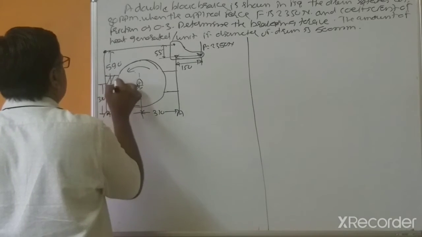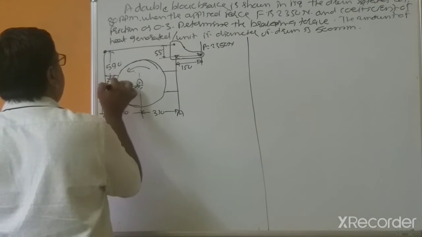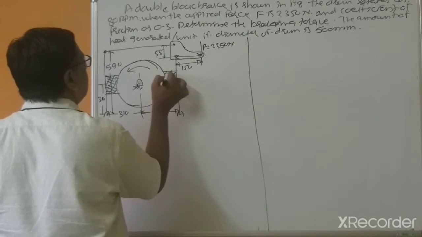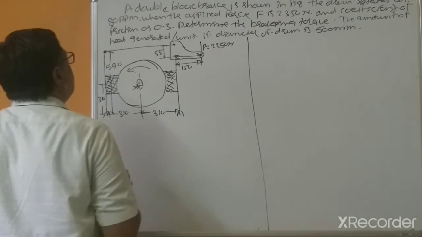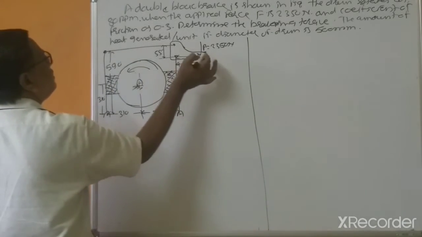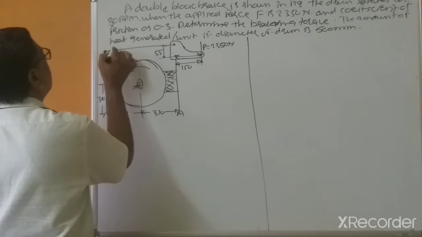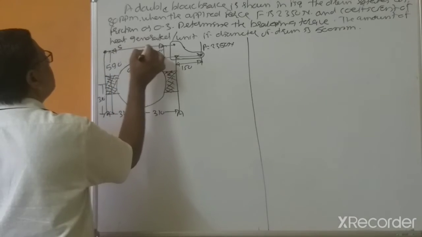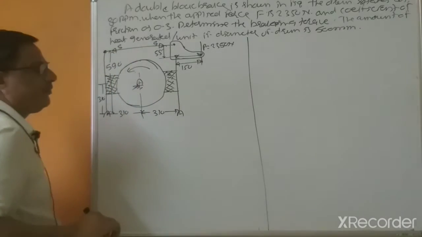So this is a short shoe brake. Here this is the lever. This force is, suppose, S.